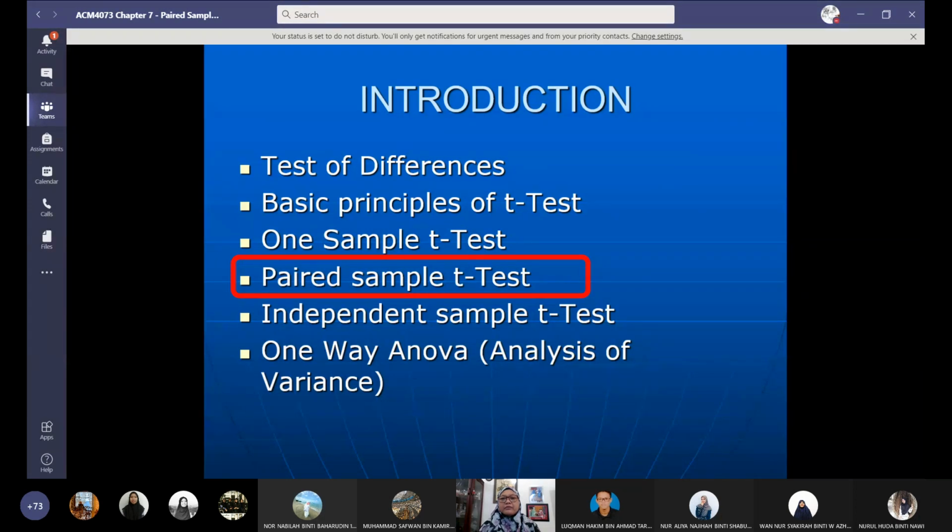Beginning with SPM, degree, master, PhD, or diploma, certificates, more than two answers. When you have more than two answers, you should use one-way ANOVA. You cannot use one sample t-test, paired sample t-test, or independent sample t-test because your independent variable has more than two answers.